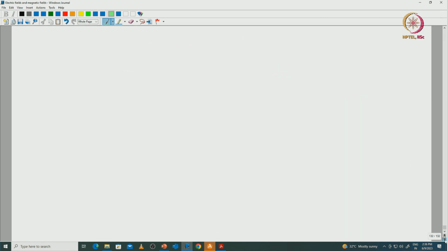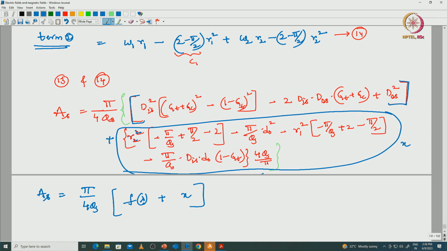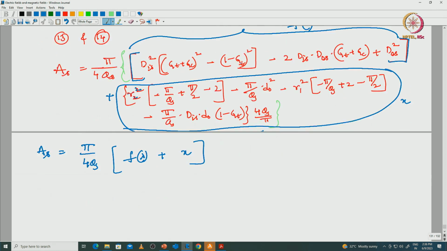Then the final equation we can see as, slot area is equal to, in the form of pi by 4 qs into f of lambda plus some constant term. The second term, from this point to this point, this complete term I am representing as a x, and from here to here I am representing as a function f of lambda, second order equation.